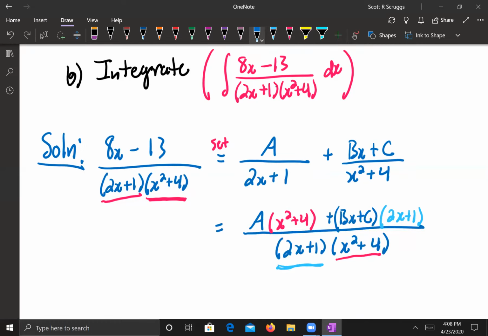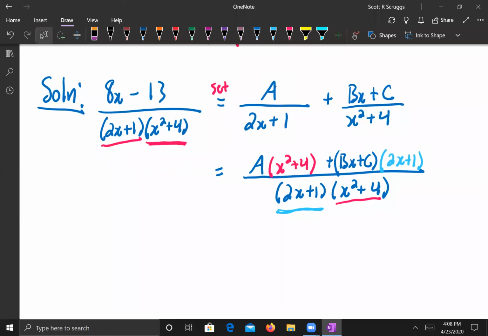And here's my thought process with that. On both sides of the equation, I'm setting them equal to each other. Both the left-hand side and the right-hand side of that equation have the exact same denominator of 2x plus 1 times x squared plus 4. Which means if I want to set these two equal to each other, it suffices for me to show what makes the numerators equal to each other.